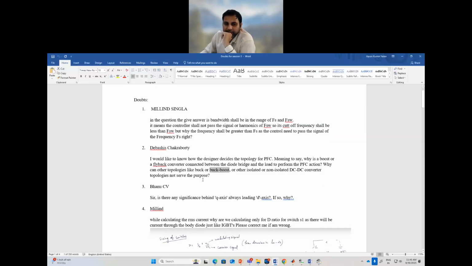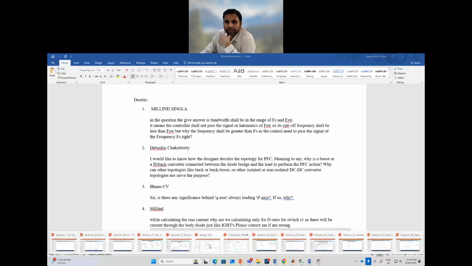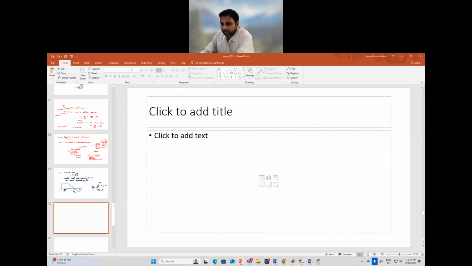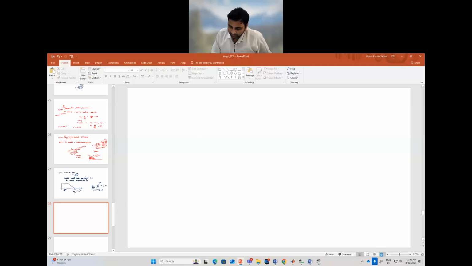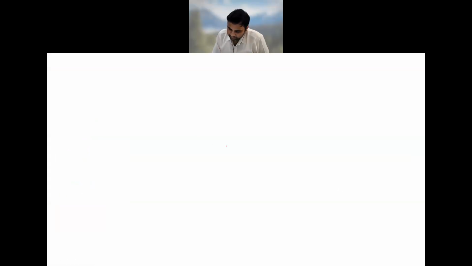Now the third question was asked by Bhanu, which says, sir, is there any significance behind q axis always leading the d axis, and if so, why? Okay, so now if you see, in our case what we have done, we have defined our alpha beta axis, which is nothing but a stationary frame, with axes 90 degrees apart from each other.